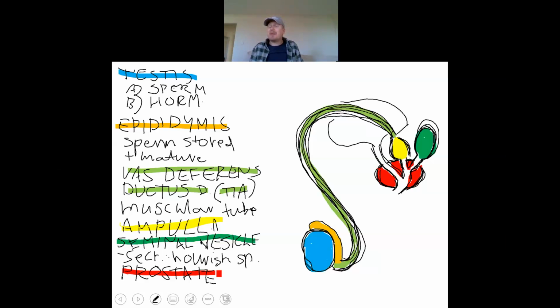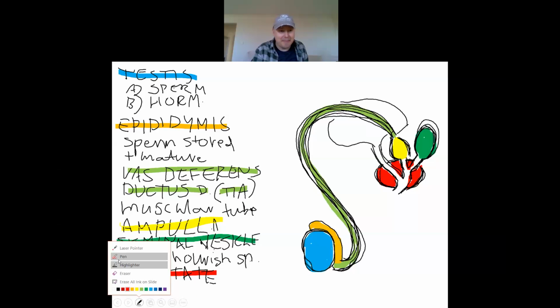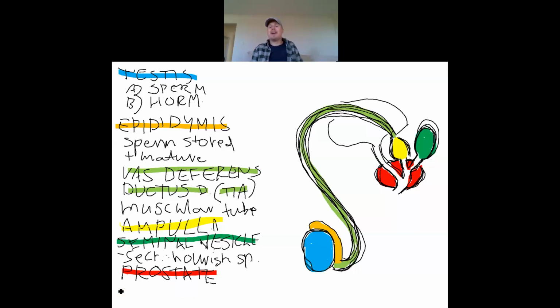There's going to be, you'll be glad to hear, only one more gland that we're going to add to this diagram. And the next gland is after the prostate, after we've gotten through with these tubes that join together through the prostate. And this next gland is our bulbourethral gland.